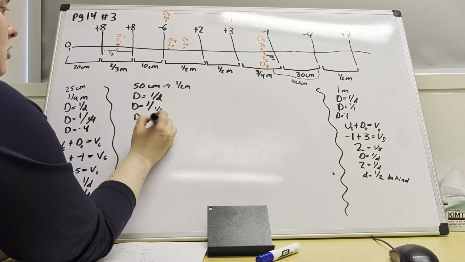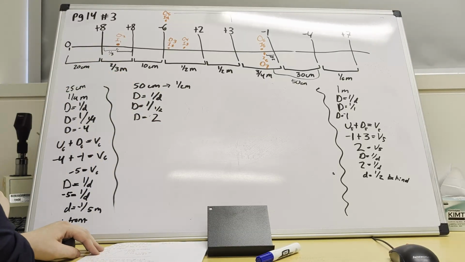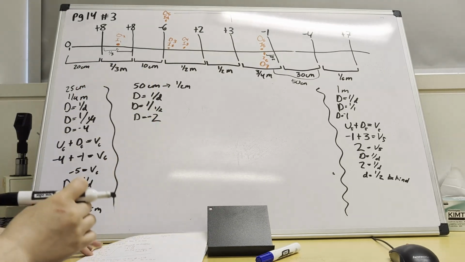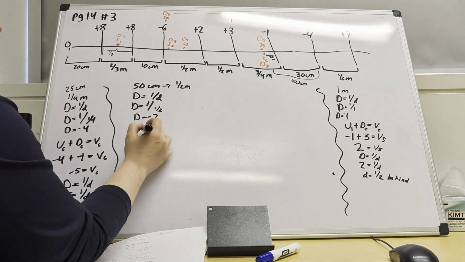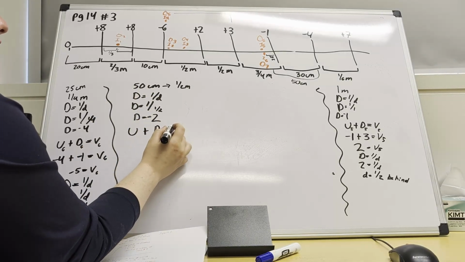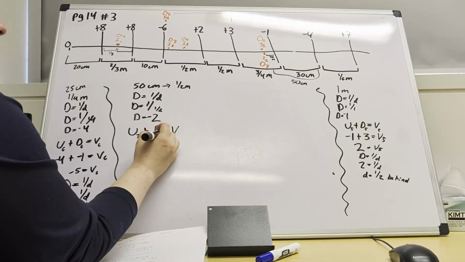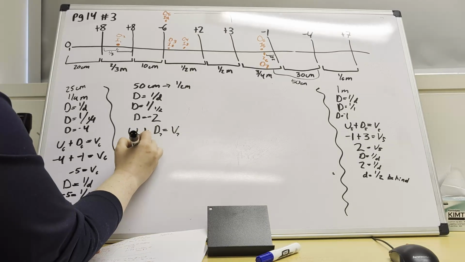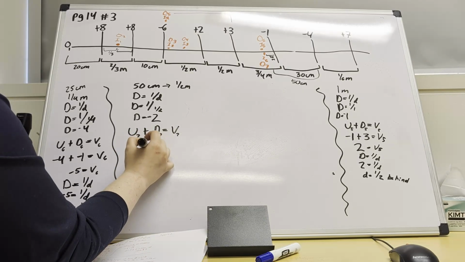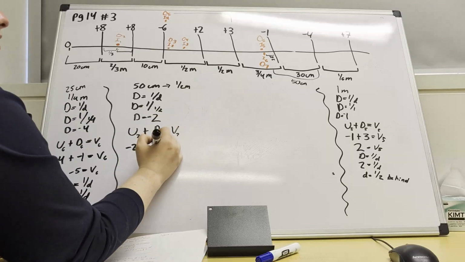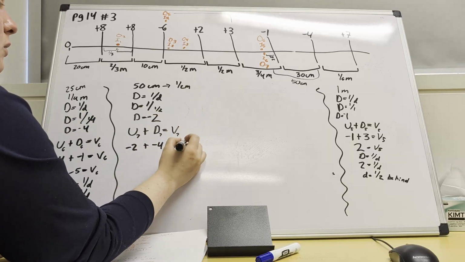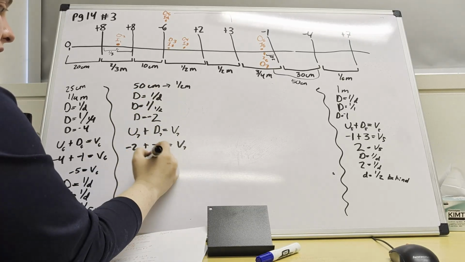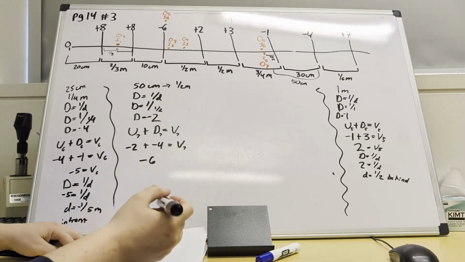That simplifies down to 2, and it is well in front, so it is going to be a -2. We plug this into U plus D equals V. We're going through lens 7, so subscript 7. -2 we just figured out is U7 plus the 7th lens is going to be -4 equals V7. -2 plus -4 is equal to -6.